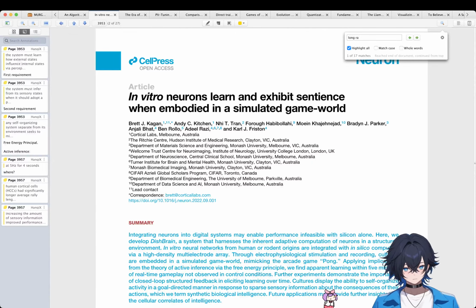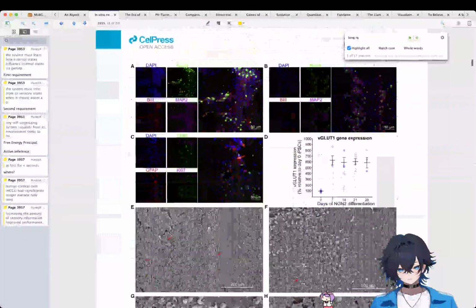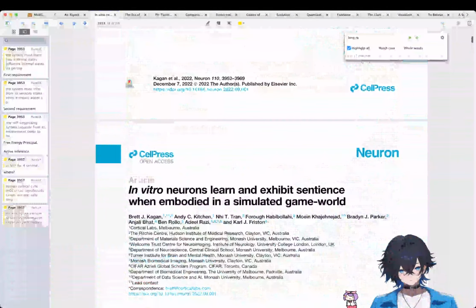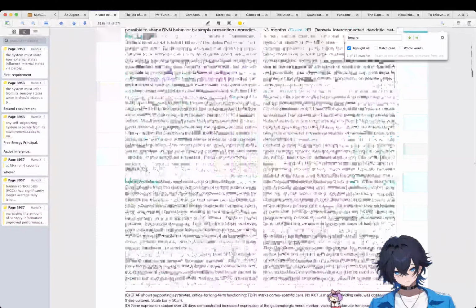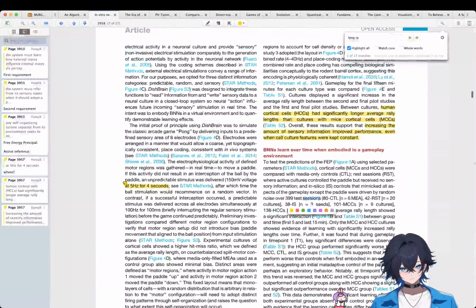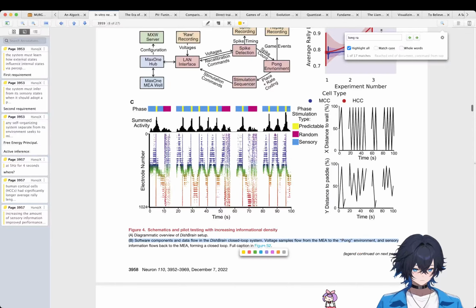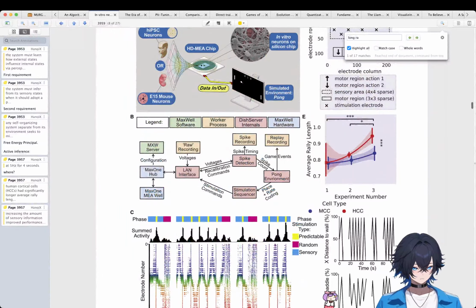They try to minimize unpredictable information, and the researchers leveraged that to train the neurons to improve slightly at playing Pong. But unfortunately, this signal is not very strong, and probably they haven't trained for long enough. So the resulting performance of these neurons is very low when we're talking about Pong performance.